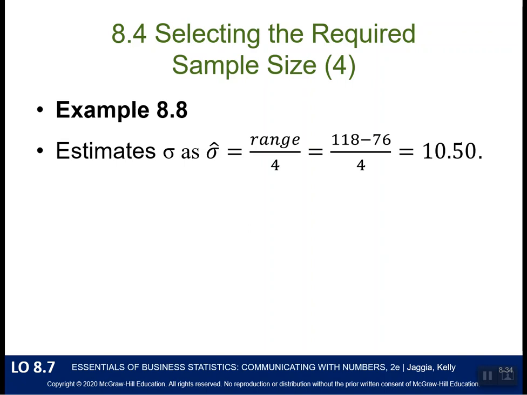So we are going to estimate our population standard deviation as 10.5. Now, if you remember back in the second video, I believe, when we calculated the sample standard deviation for our sample size of 25, we got 10.7 as our sample standard deviation. So this estimate of the population standard deviation seems pretty right on, right?